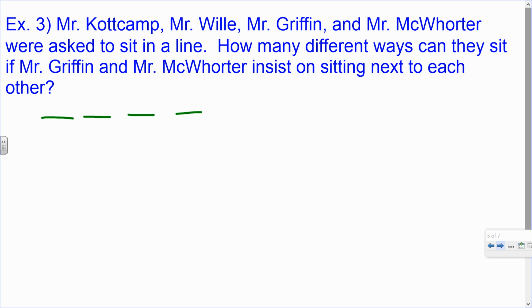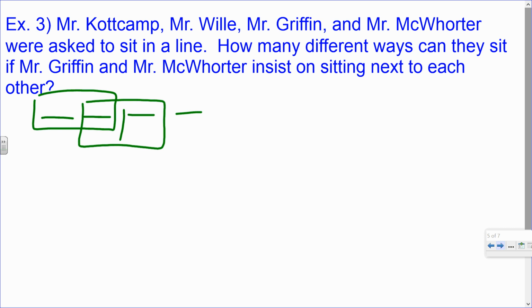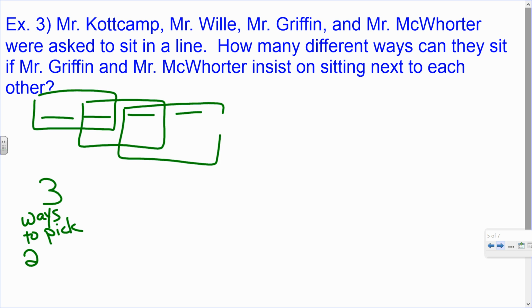They might be in these 2 chairs, or these 2 chairs, or these 2 chairs. Any other 2 chairs they could pick that are together? So how many choices do I have for which 2 chairs? Okay, so I have 3 ways to pick the 2 chairs.